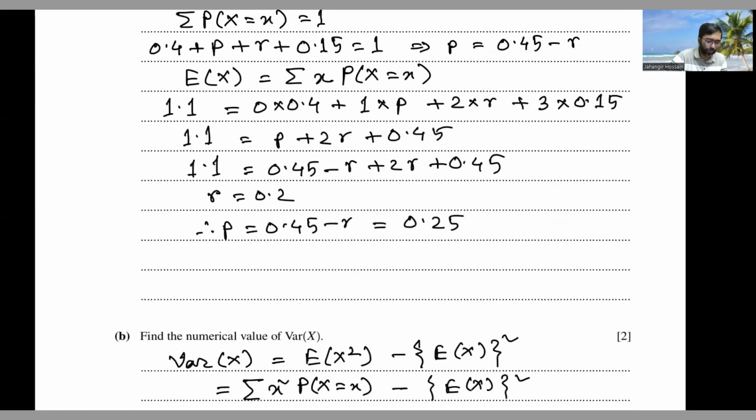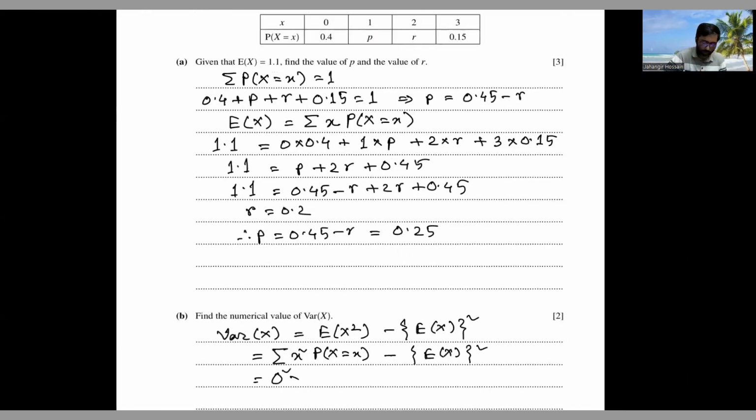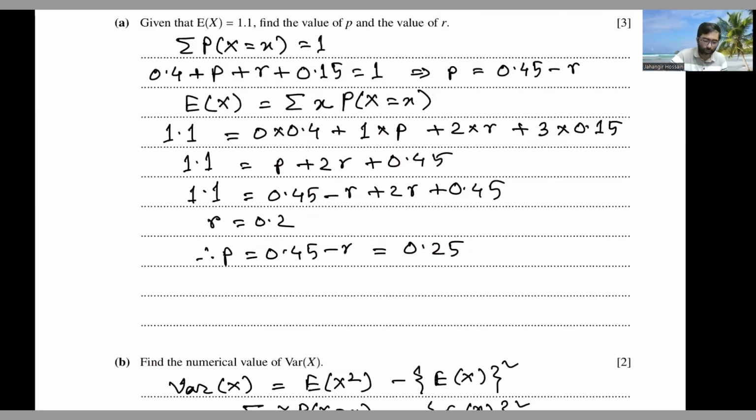So it will be 0 squared times 0.4 plus 1 squared times P, 0.25, plus 2 squared times R, which is 0.2, plus 3 squared times 0.15, minus the mean 1.1 squared.